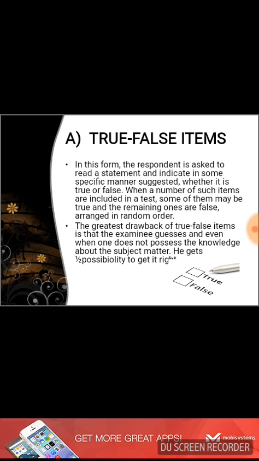The greatest drawback of true-false items is that the examinee guesses, and even when one does not possess the knowledge about the subject, he gets a 1 by 2 probability to get it right.